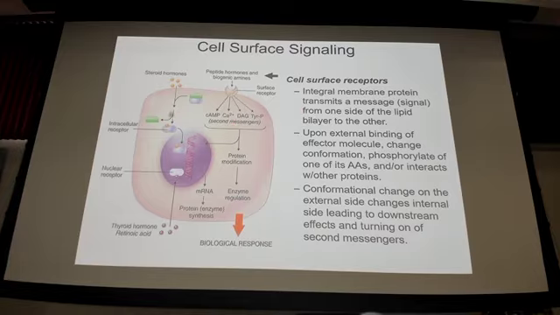We're going to talk about all these examples in biochemistry. These are all second messengers. Those second messengers will lead to a protein cascade that, again, can cause protein synthesis or can cause other protein modifications, and that will lead to a different biological response. Does that make sense?